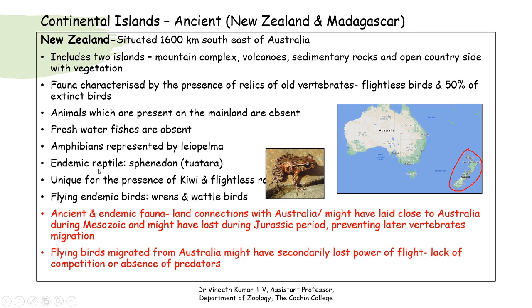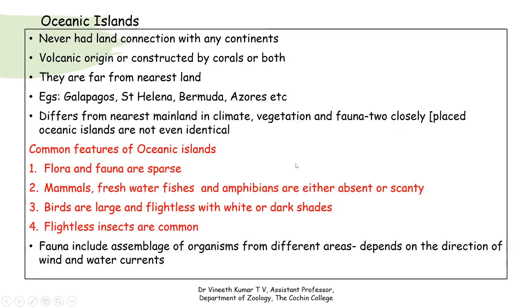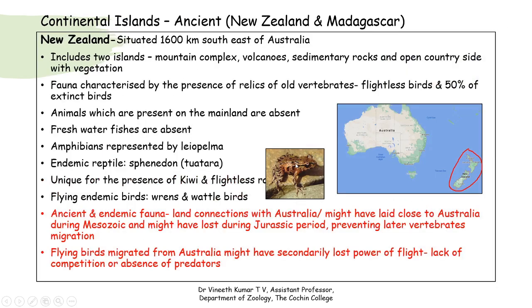And coming to New Zealand, the endemic form is Sphenodon, which is a reptile, unique to New Zealand, and the presence of flightless birds like kiwi is a marked feature. The flying endemic birds include the wren and wattle birds.